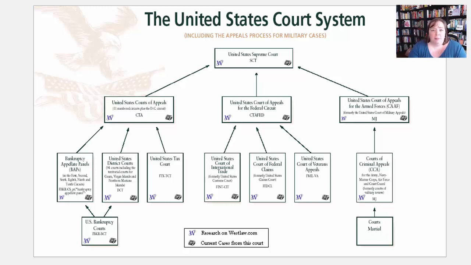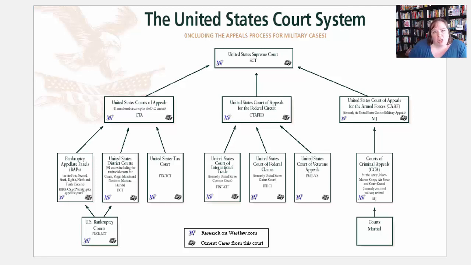Everyone can appeal their case from the trial court to the appellate court, and the appellate court will hear them. Usually it's a 3-judge panel. You need to convince a majority of them, so that would be 2, to side in your favor. If you're still feeling like they're not doing the job correctly, probably because you lost, you can ask for the court of appeals to hear your case en banc, which means the whole court.